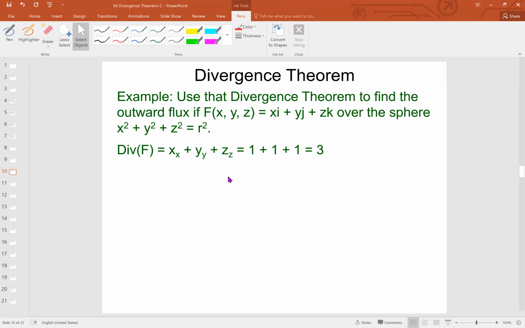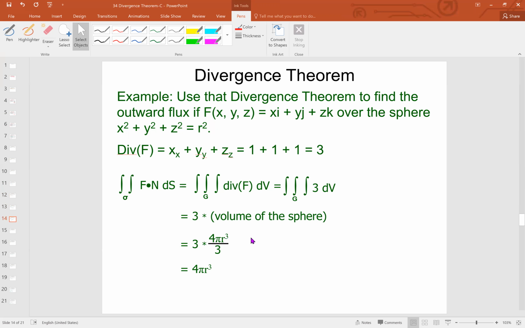So the outward flow is going to be the integral of 3 over the entire sphere, and the integral of 1 over the entire sphere is the volume of the sphere. Therefore, I get 3 times the volume of the sphere, and that is the total outward flow.